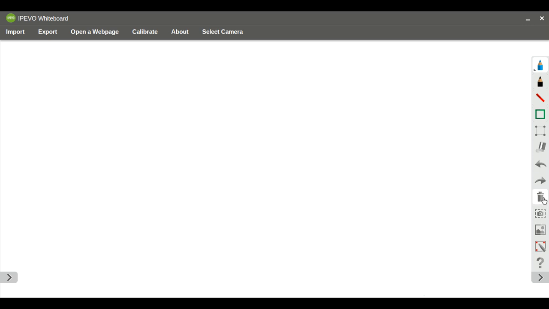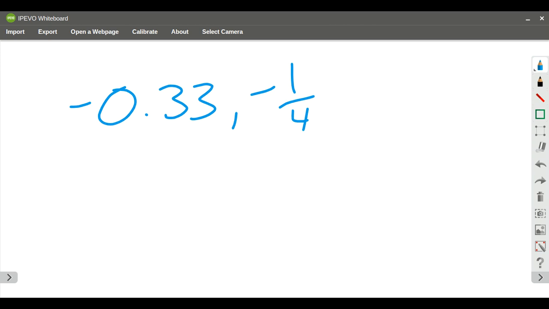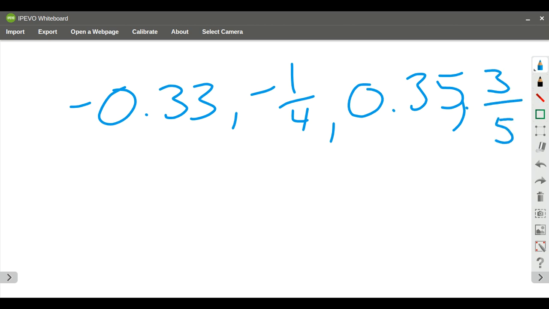Okay, let's do one more just to make sure that we have it. So I'm going to do negative 33/100, negative 1/4, 35/100, and 3/5. Okay.